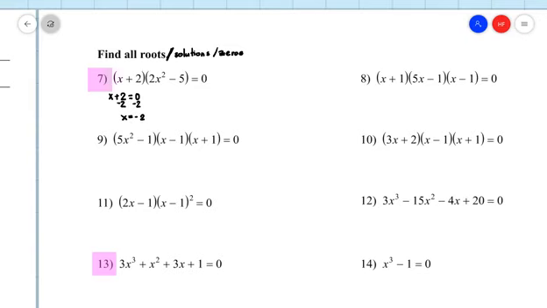We get x is equal to -2. And then same thing over here. 2x squared minus 5 equals 0. Add 5. 2x squared equals 5. Divide by 2. X squared equals 5/2. And then take the square root. X equals the square root of 5 over the square root of 2. If we want to rationalize, we'll multiply by the denominator over itself.